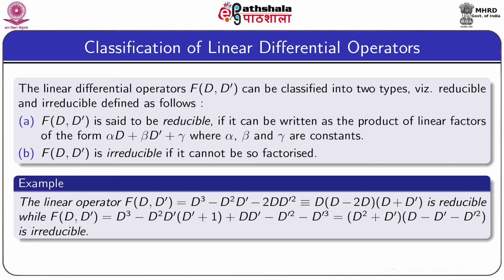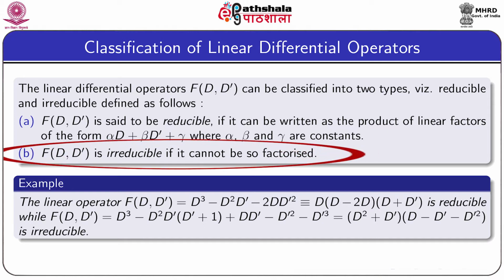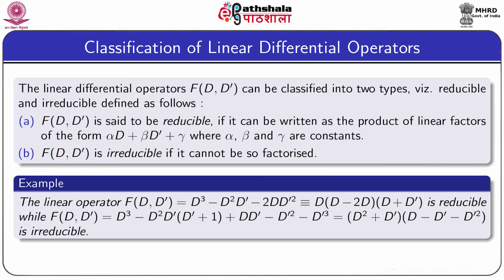In case B, capital F is called irreducible if it cannot be factored into linear factors, as is done in class A. Now, I am taking one example where you can see one reducible and another irreducible operator.